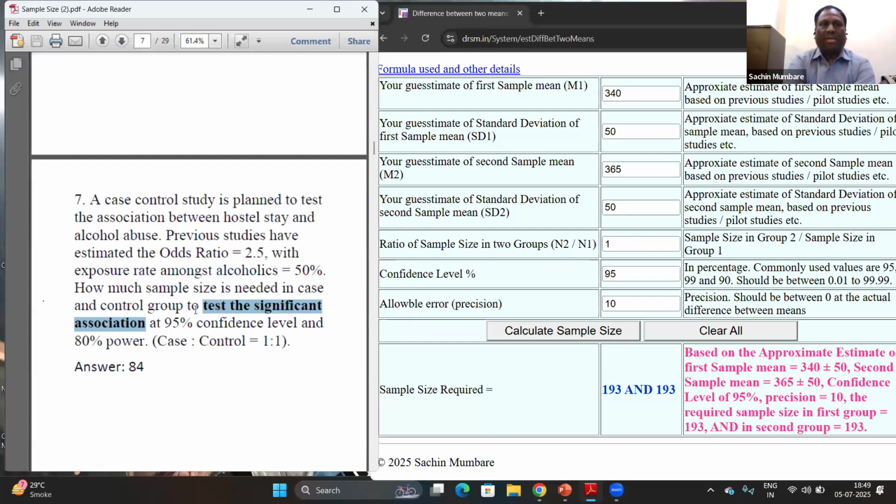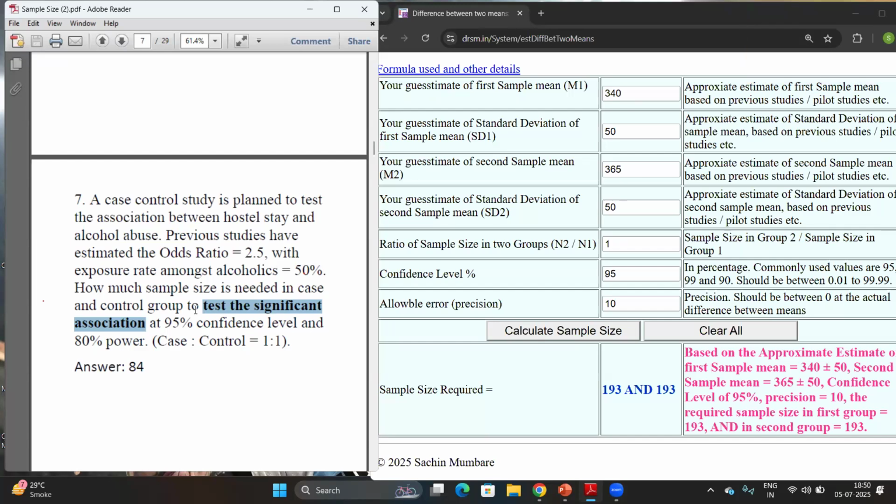In other words, if we are doing a case control study, I can say the same thing in different words, like whether the odds ratio is equal to 1. Am I correct or wrong? If there is no association, then our odds ratio will be how much? 1.